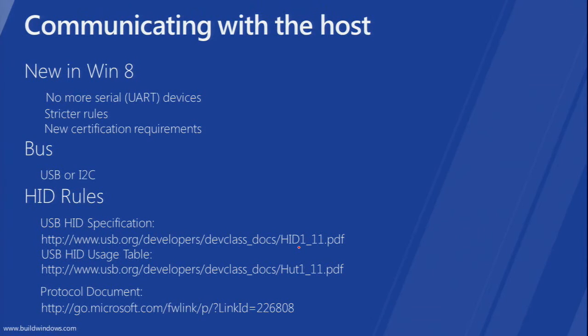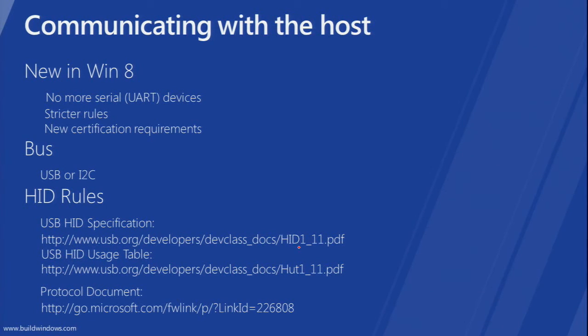It's a detailed document that anyone who wants to write a HID device needs to be familiar with. And then in addition to those two documents, you know there's a USB document. Like I said, HID is a USB standard.